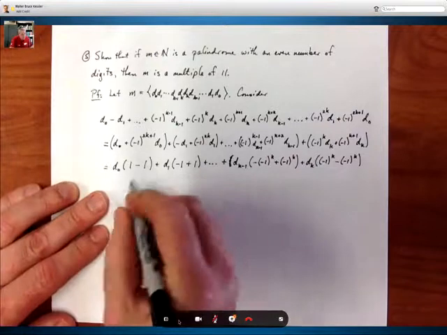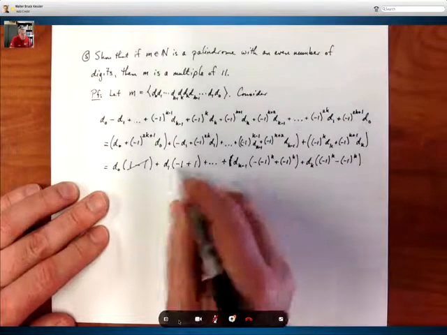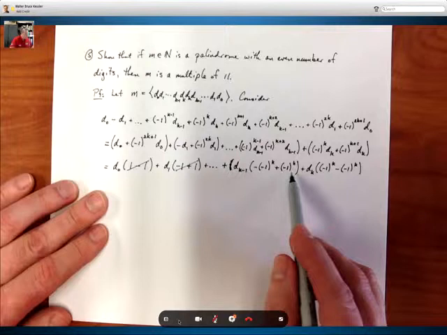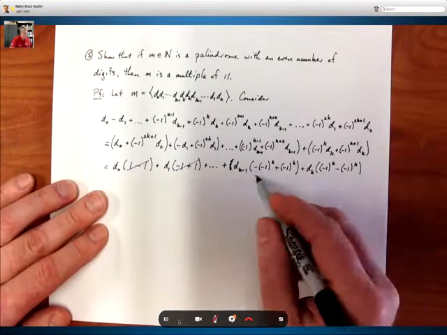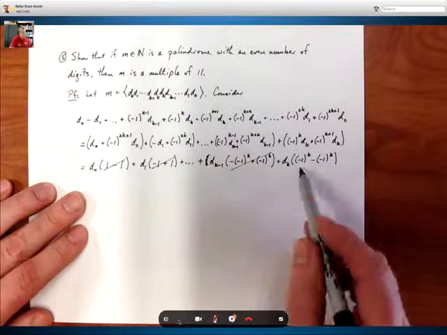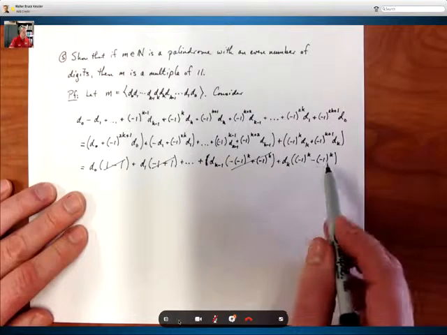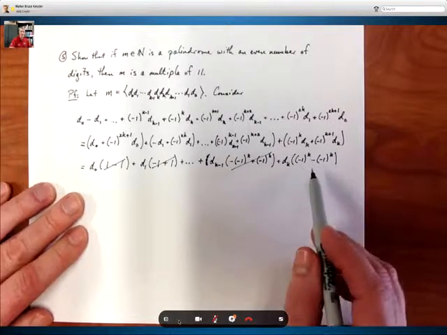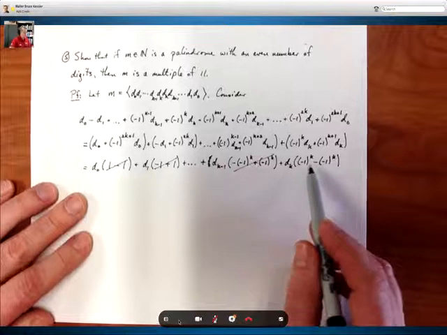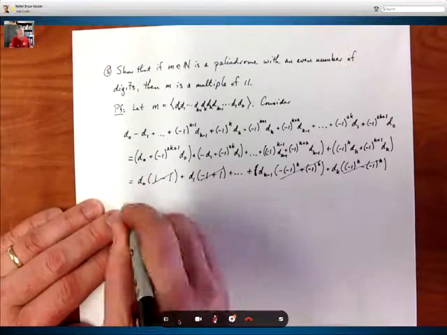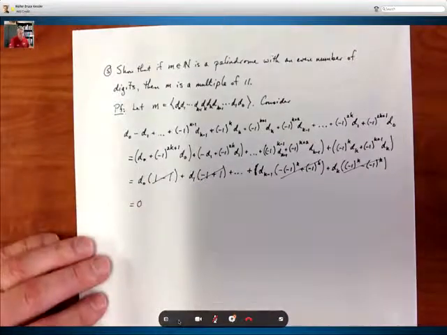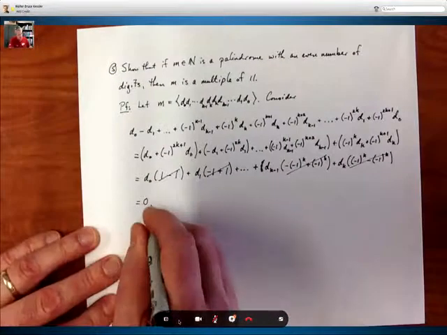All right. So 0, right? I don't know which one of these is which, but they've got different signs. So 0, right? And then I don't know which of these has particular signs. It depends on whether k is even or odd. But there's the same thing here and here, and they're subtracted. So that gives us 0. Okay.